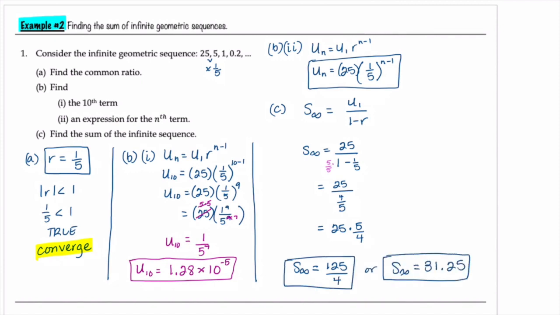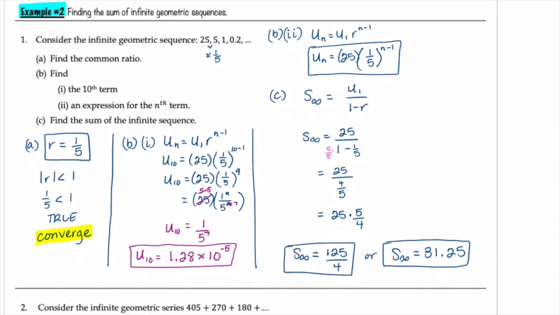Okay, so for the sum of the infinite sequence, I get 125/4, or I can write the decimal value for that. So if I am doing this without a calculator, the fraction would be my final answer. If I have a calculator, then I could use the decimal value.